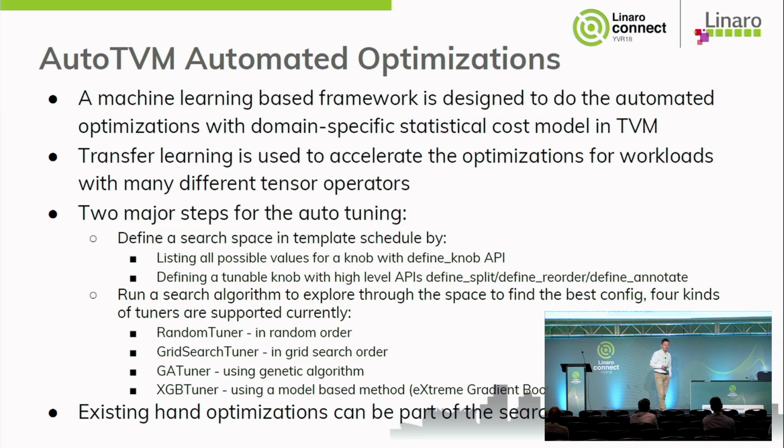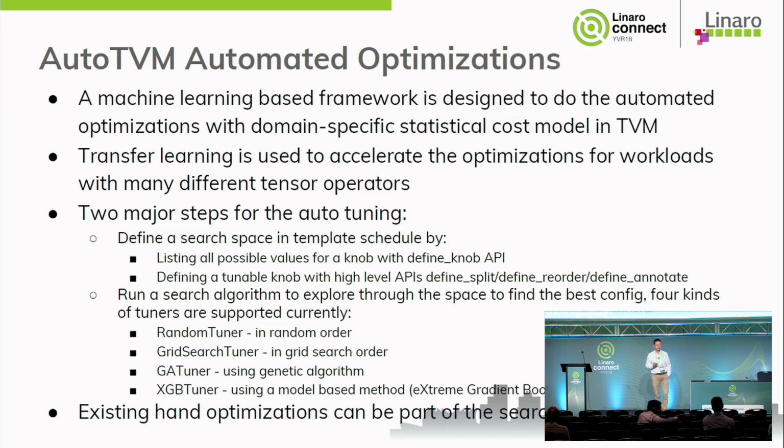Okay, so here I will give some introduction about AutoTVM, which is automated optimization. Normally, in the deep learning world, we are using hand optimization, right? But it requires a lot of effort. You need to do a lot of experiments to find the best results.